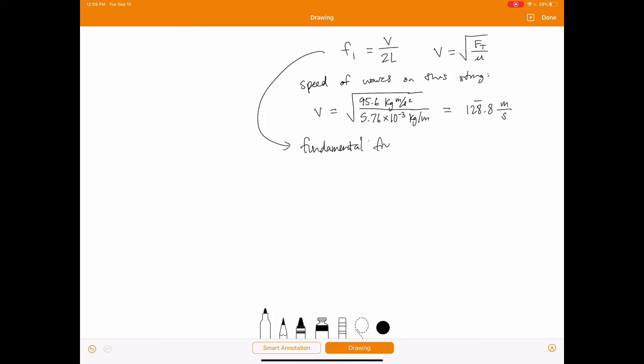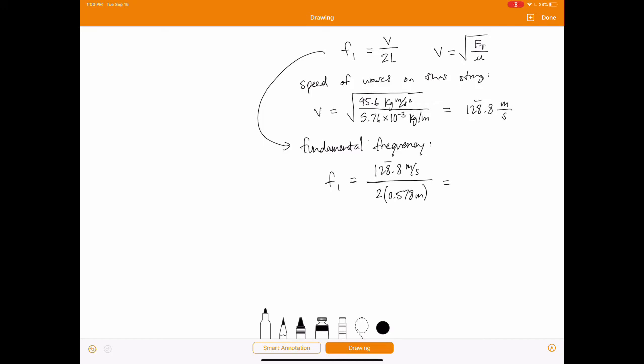Well, that's going to be the speed we just calculated, which is 128.8 meters per second, and then we're going to divide by 2 times the length, which is 57.8 centimeters or 0.578 meters.